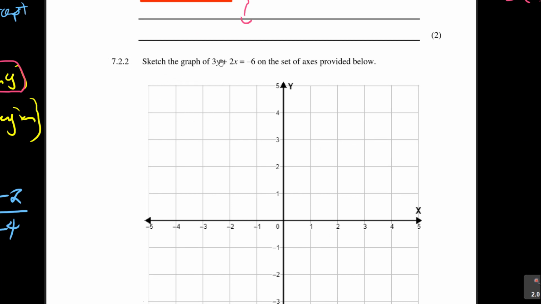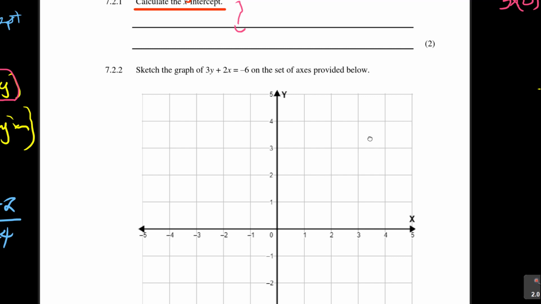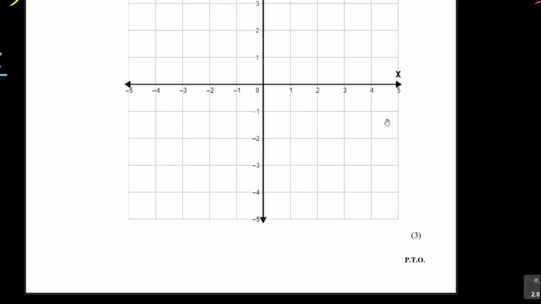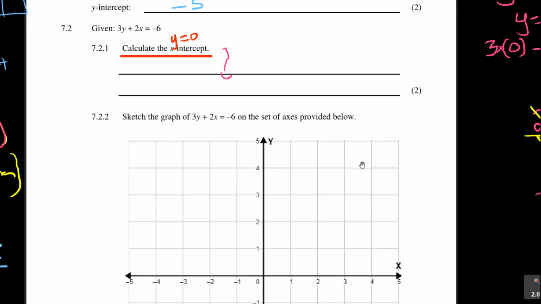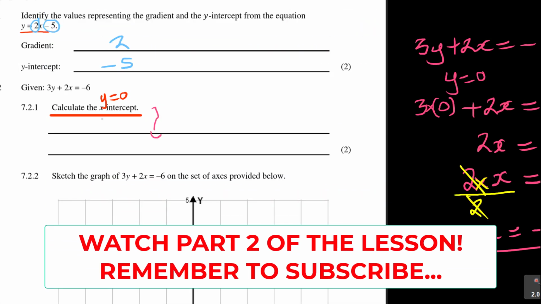7.2.2, it says sketch the graph of, they want us to sketch this graph, which is what we just did there. 3y plus 2x is equal to minus 6 on the set of x's provided. How many marks did they give this one? 3 marks. They were a bit unfair because they asked you to find the x-intercept, and we did get the x-intercept.